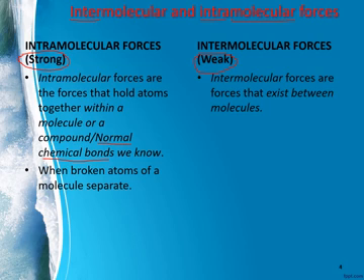If we have, for example, carbon, which is connected to oxygen in carbon dioxide, then if you break the intramolecular forces, which are these chemical bonds, then you will have your two oxygen atoms plus one carbon atom.